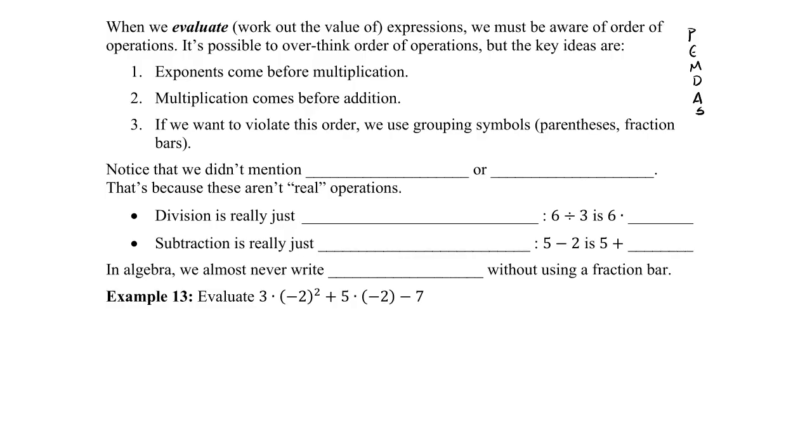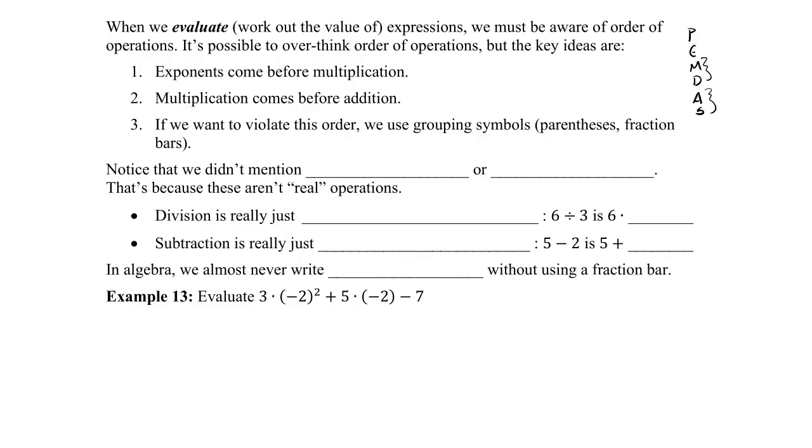And that is an acronym for the order of operations. It helps us remember parentheses, then exponents, then multiplication and division, then addition and subtraction. These two and these two are actually the same thing. We'll talk about that in a second.